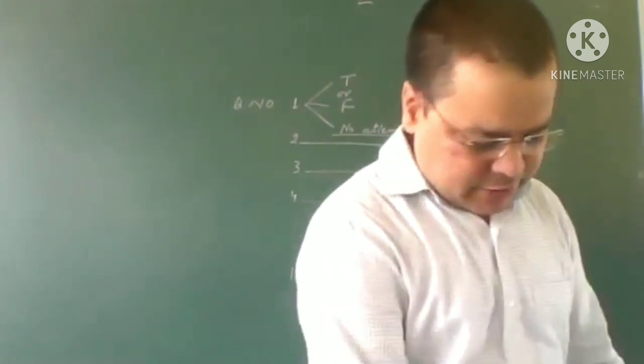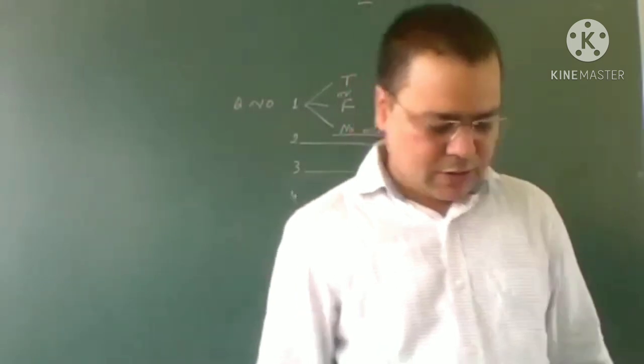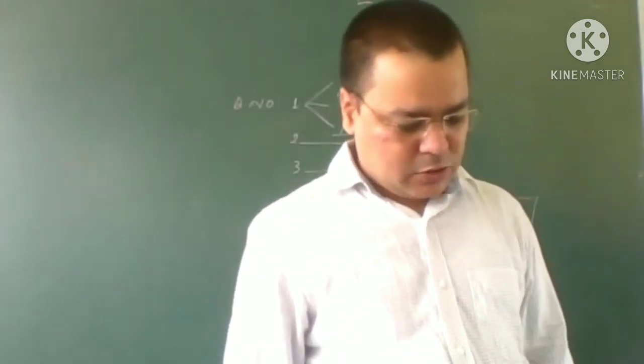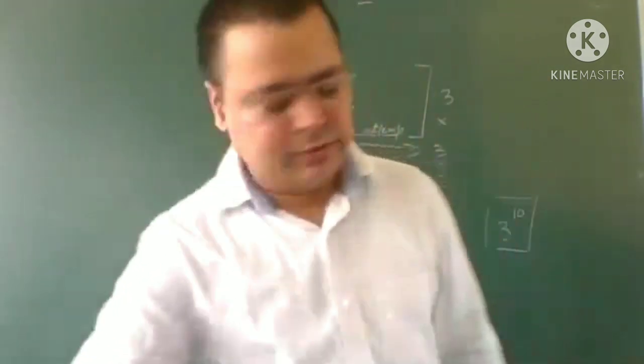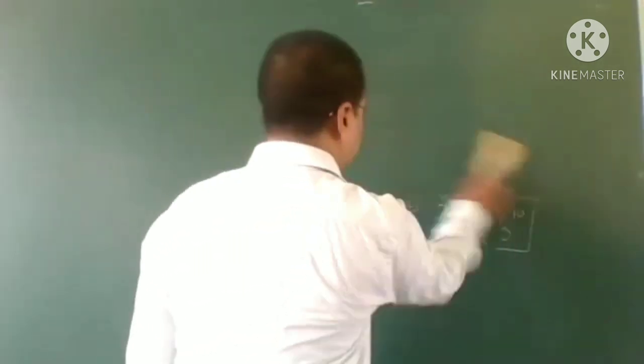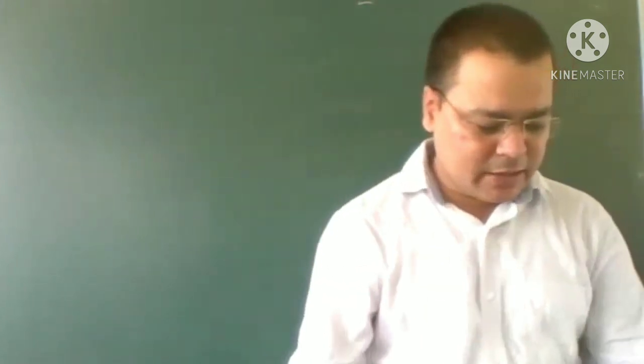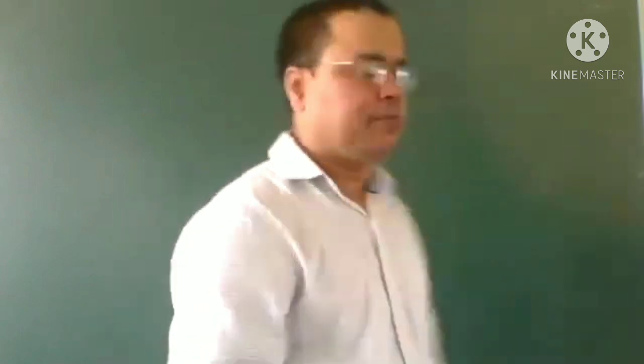The next question is question number here 20, example 20. Let us see now. Example 20. The question is: how many words can be made from the letters in the word Monday?